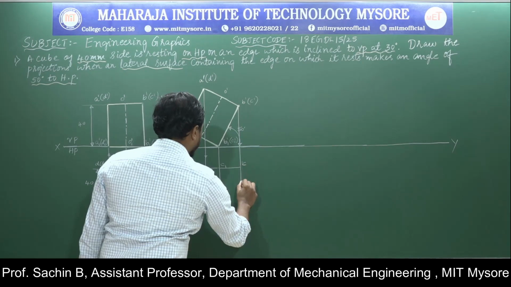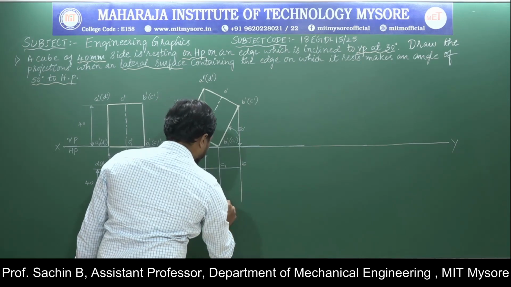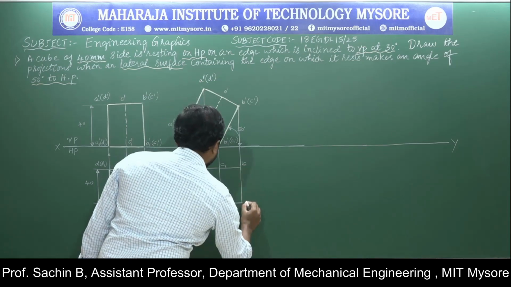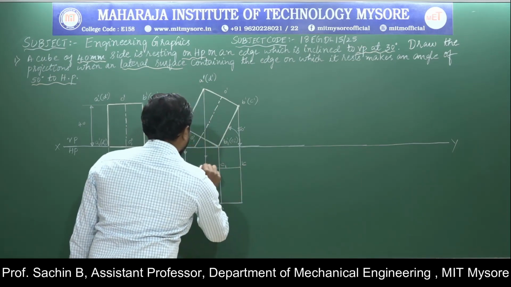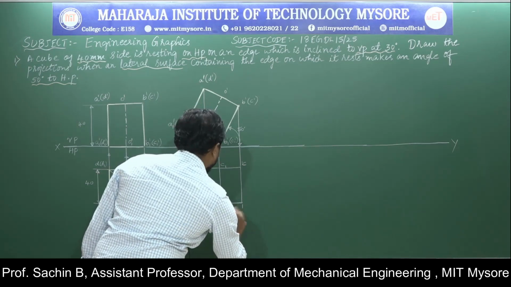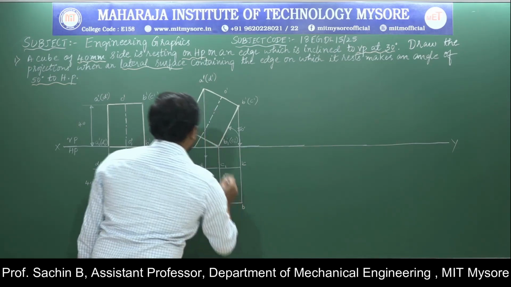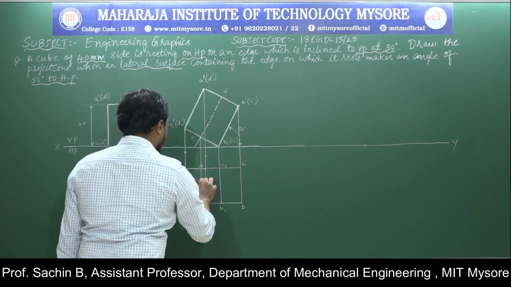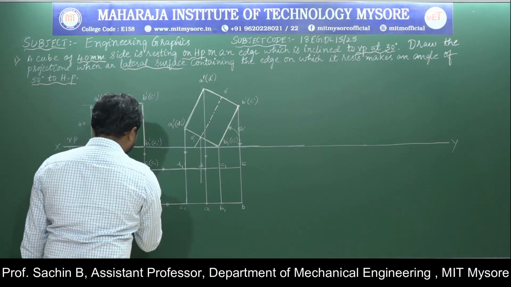I will extend the same projection line to the bottom position, this is the B point. Now I will draw the projection lines from the axis, again from the first position.